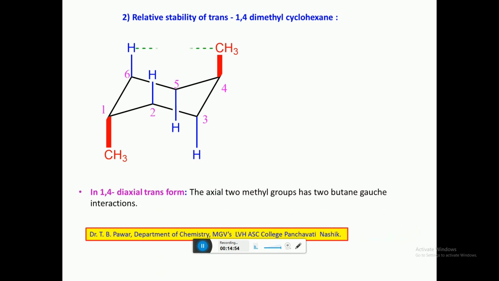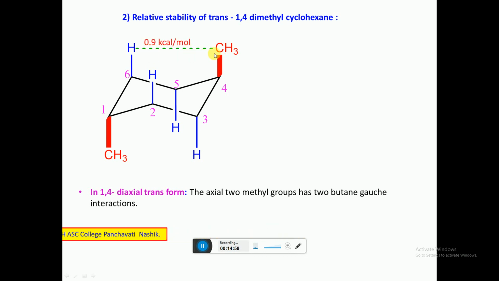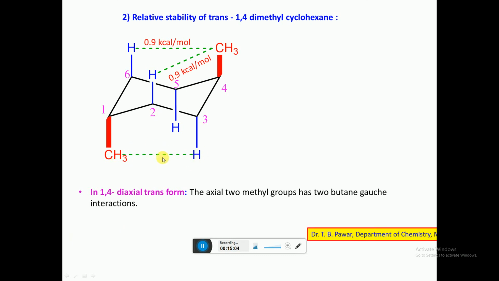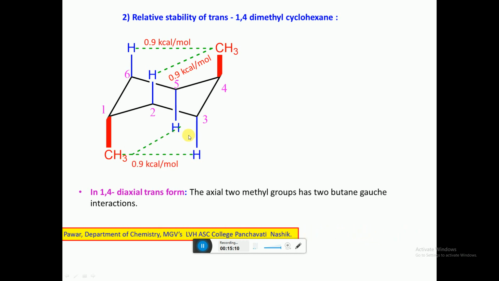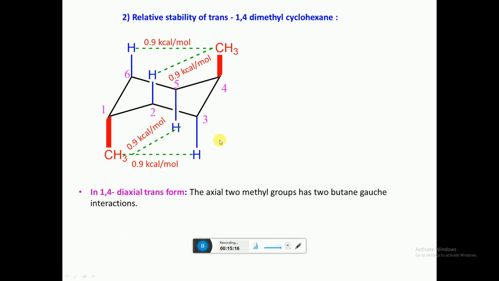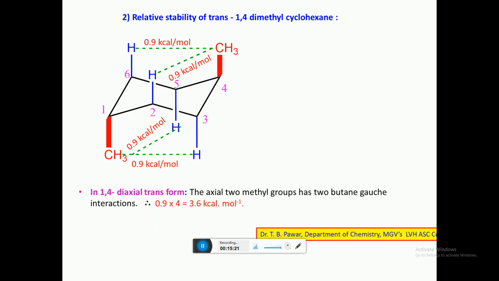This CH3 shows a 1,3-diaxial interaction with this axial hydrogen, 0.9 kilocalorie per mole, and again with this axial hydrogen, 0.9 kilocalorie per mole. Total energy becomes 0.9 multiplied by 4, that is 3.6 kilocalorie per mole.